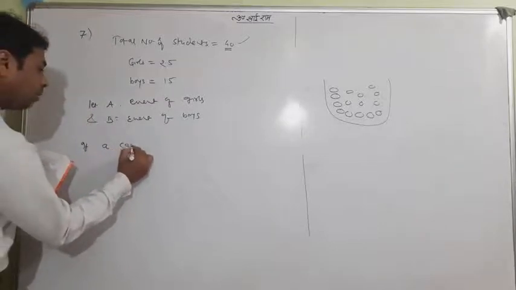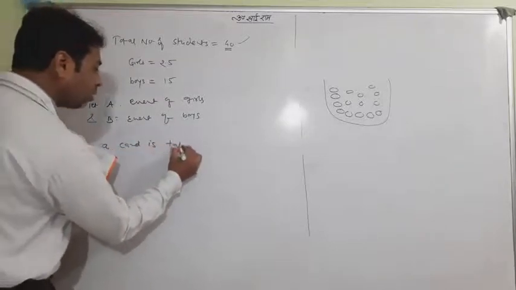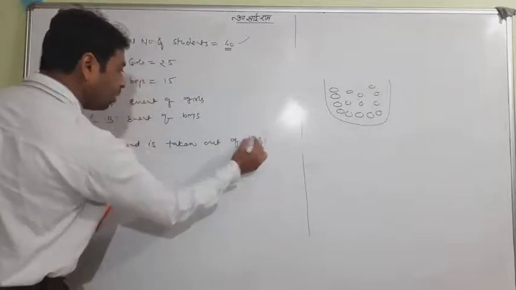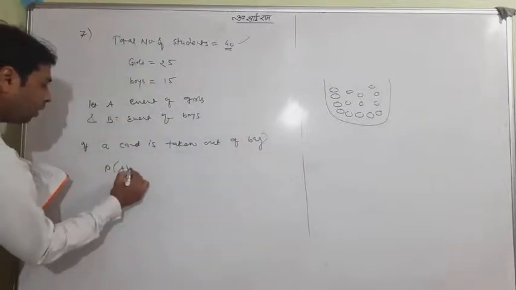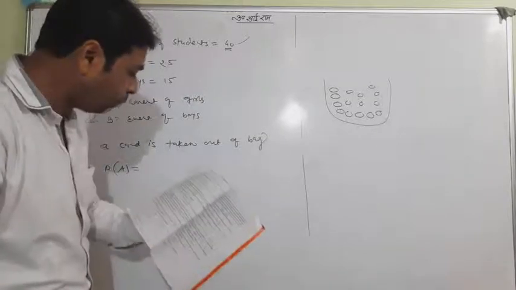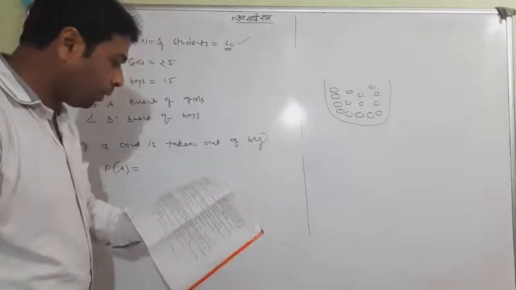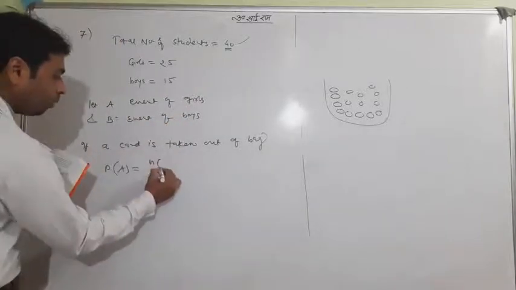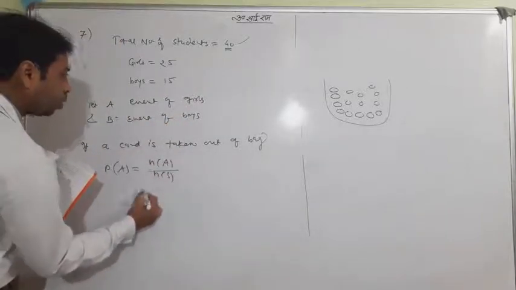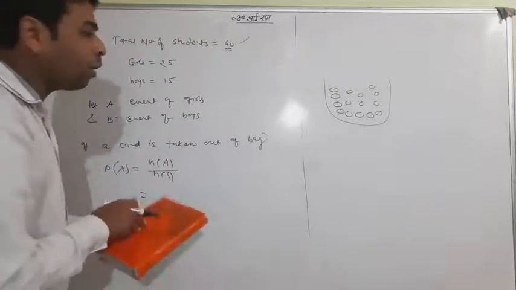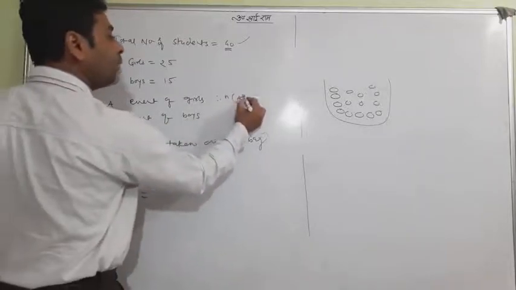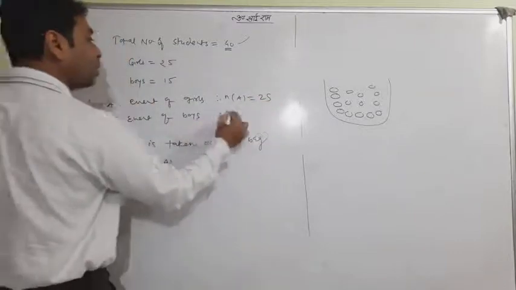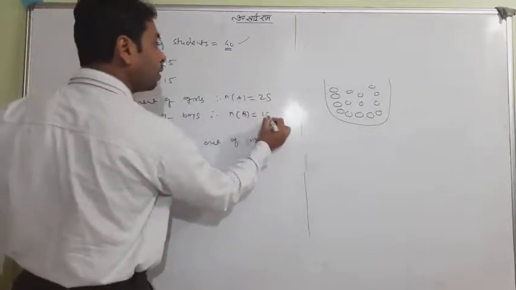If a card is drawn out of the bag, the probability of a girl. The first question asks about a girl. Okay, so the probability of a girl will be n of A upon n of S. So one can understand, where is n of A? Please reply. N of A, number of girls, is 15, sorry, 25. N of B, number of boys, how much? 15.